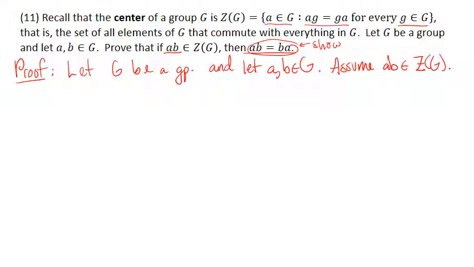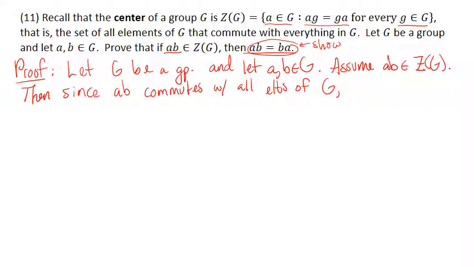Okay, so all I really have to work with here is that AB is in the center, so that means AB would commute with any element in the group. So I just have to cleverly think of a good element for it to commute with that would be helpful to me. Let me try the following. Since AB commutes with all elements of G, that would mean AB times B inverse, so AB would commute with B inverse.